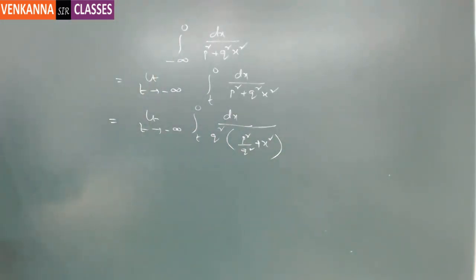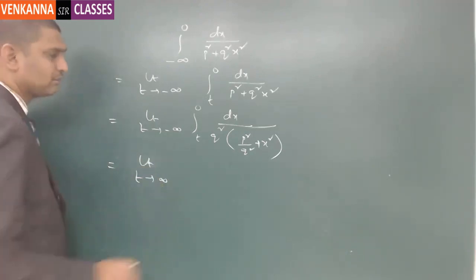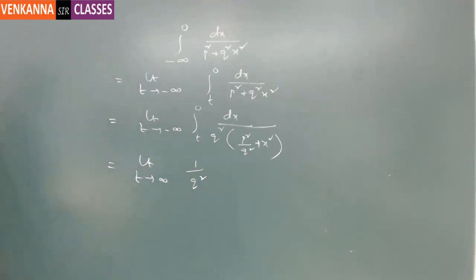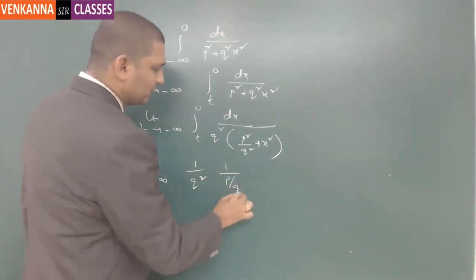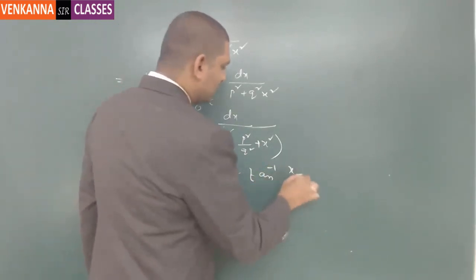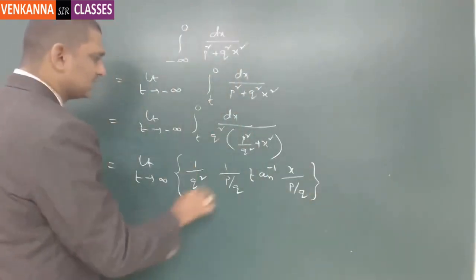So the integration value is nothing but 1 by a into tan inverse x by a. So this is equal to limit t tends to minus infinity. 1 by q square is a constant here. So 1 by a is nothing but 1 by p by q, into tan inverse x by p by q, between the limits t to 0.